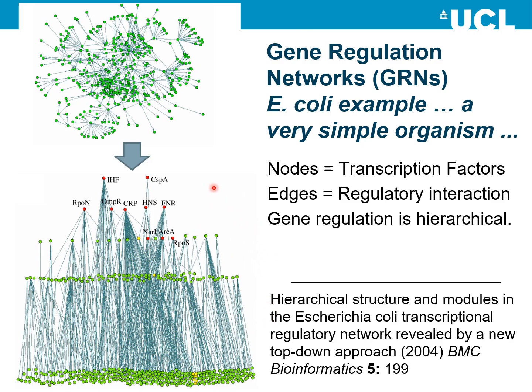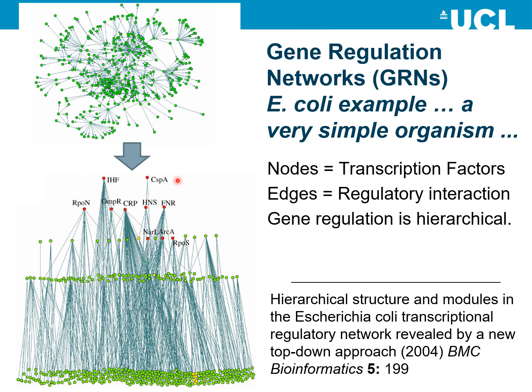And it's interesting because at the bottom we have all of the enzymes and genes which are building the protein. These are the final things that need to be turned on or off to do particular functions in the cell. And then we have different layers of transcription factors controlling them, with the highest layer being master regulators.